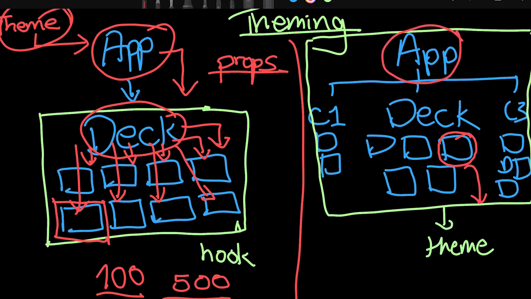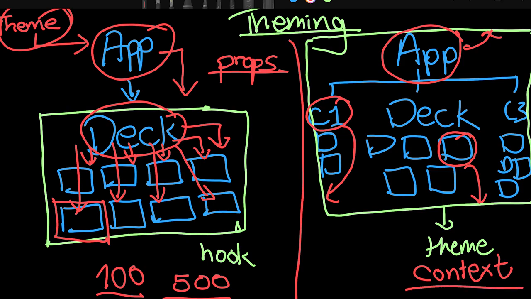If the app wanted the theme, it would directly just grab it from the box. If this component wanted the theme, it would directly grab it from the box because all of them live inside this theme, and the keyword is context. And that is what we'll be looking at in this episode. We'll be looking at context and how to create a theme context to tackle this very complex problem.